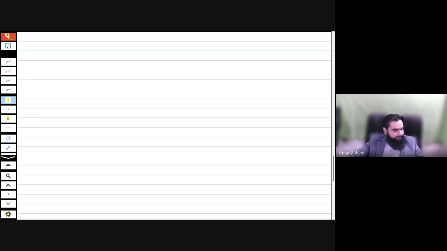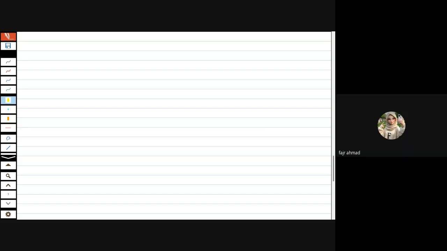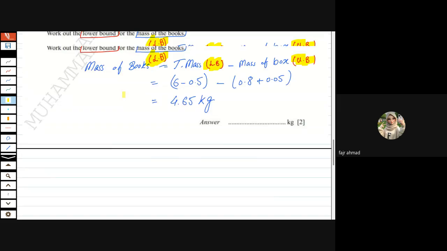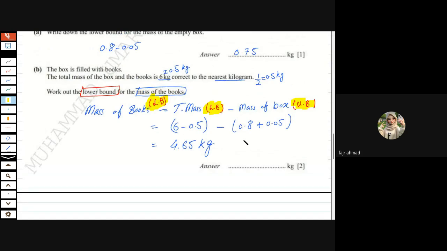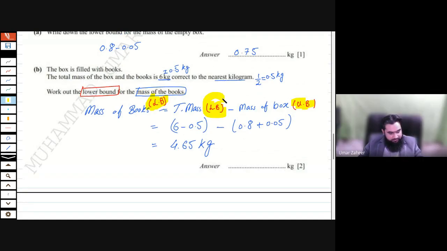Assalamu alaikum, Mirza Mian. Walaikum assalam. Sir, we are at 0.8 plus 0.05. Yes. So why not 6 plus 0.5? Because I need to take the lower bound of the value.